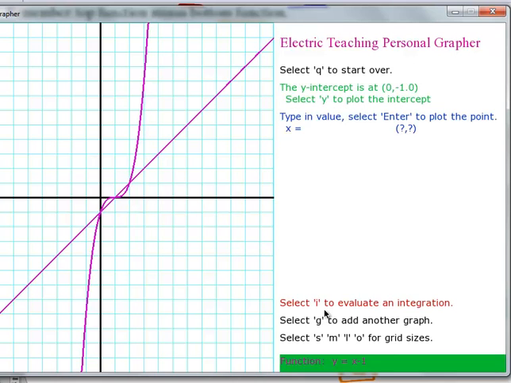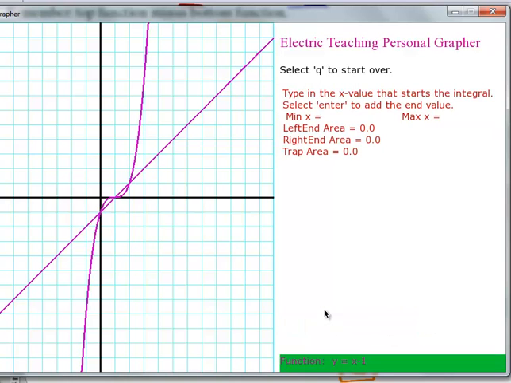And then if I say to integrate in my little program that I've made here between the values of 0 and 2, it'll show that the trapezoid approximation is 0.4992, as well as the left end and right end because of the symmetry, and that always happens.